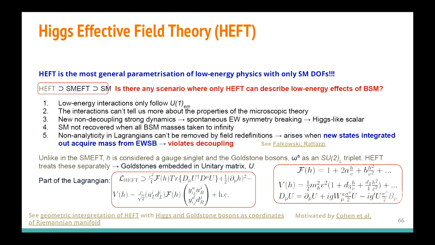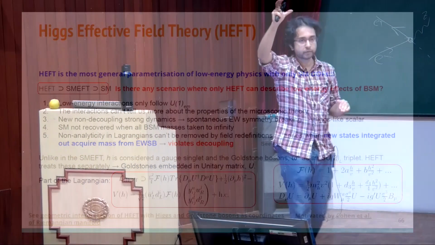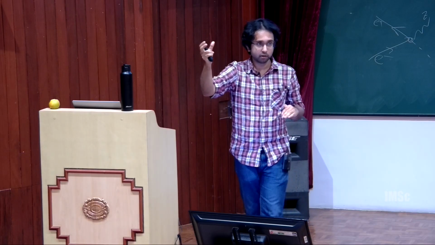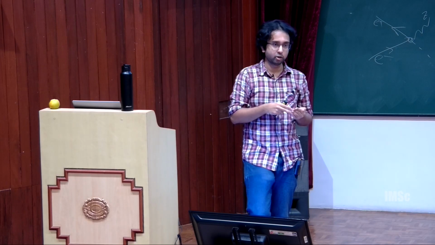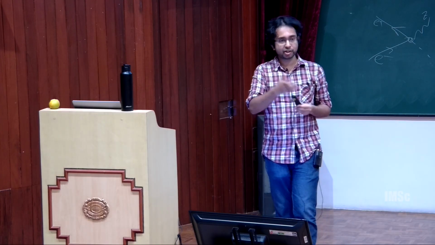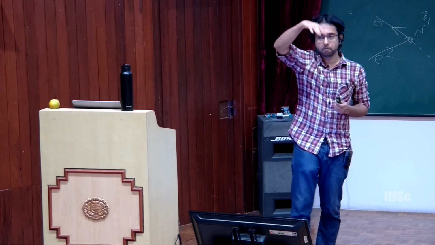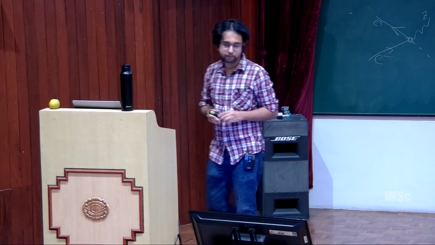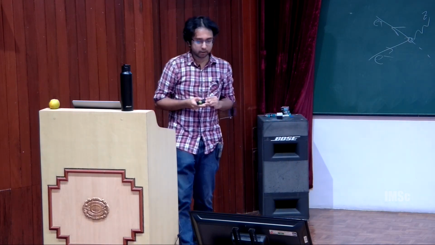So if I have a heavy physics, in my assumption for the standard model effective field theory, it was that the mass generation of this heavy physics has nothing to do with the standard model like physics. So they have their own mass generation mechanism in the UV theory. In the Higgs effective field theory, we are not restricting it to that. We are saying that it might be possible that a fraction of the mass of the heavy physics might be there because of the standard model like physics.